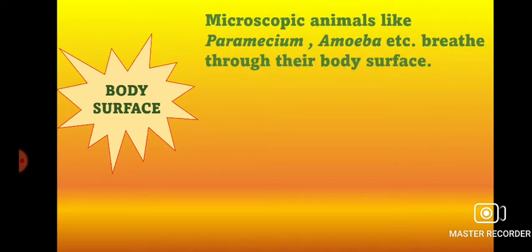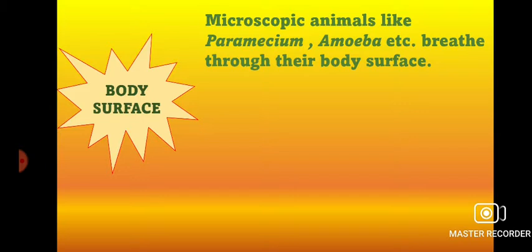Next, coming to the body surface, like in microscopic animals. Microscopic means those animals which cannot be seen with the naked eye. We need a microscope to see these animals. It is an instrument through which we can see very small objects.